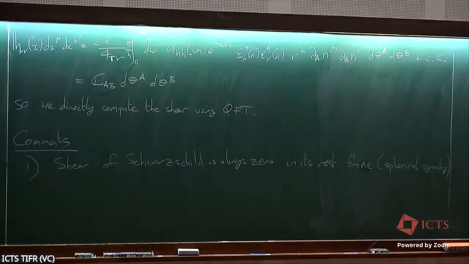This is true in the rest frame of the Schwarzschild, but that's not really what we're interested in. I'm interested in taking two black holes and shooting them at one another. So I'm not in the rest frame. Maybe I'm in the CM frame or something like that. And when you boost them, if I take a black hole and boost it to some velocity, so I have some observer at rest and the black hole is moving with respect to that observer, and I look at the shear in that observer's frame, it's not 0 in general.